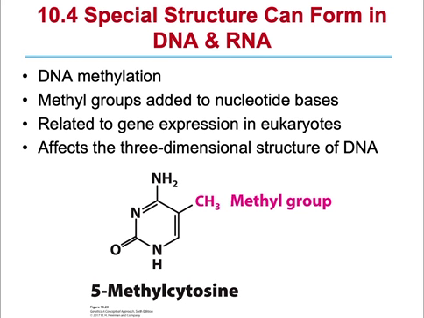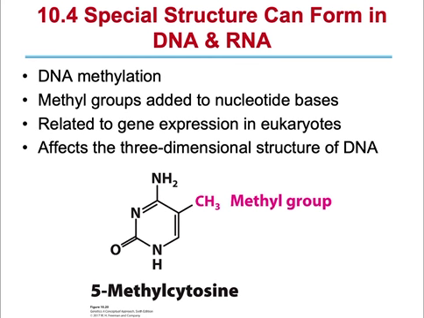Adenine and cytosine are normally methylated in bacteria. In eukaryotic DNA, cytosine bases are sometimes methylated to form something called 5-methylcytosine. The extent of the cytosine methylation is going to vary among different eukaryotes. In most animal cells, about 5% of the cytosine bases are methylated, but there's no methylation of cytosine in yeast, and 50% of the cytosine bases in plants are methylated.